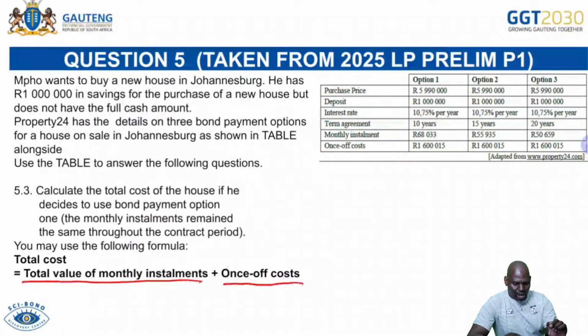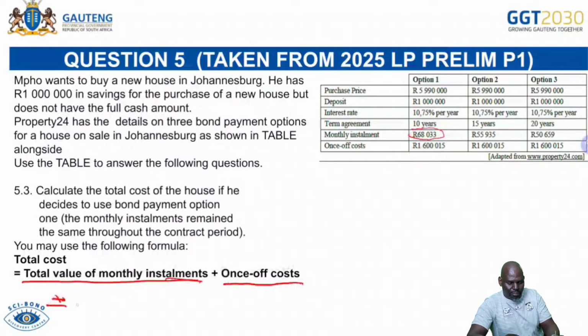So in this case, 68,033 is the monthly installment. According to the formula, it is the total value of monthly installments plus once-off cost. Once-off cost is 1,600,015 rand.